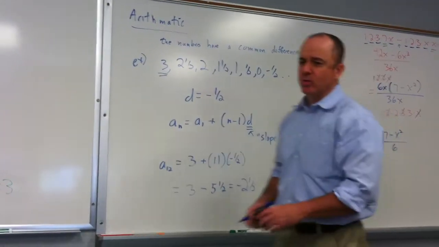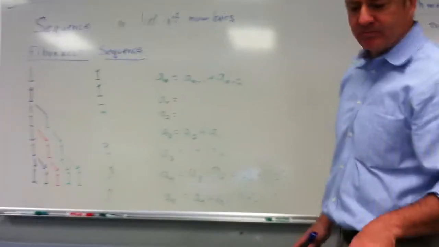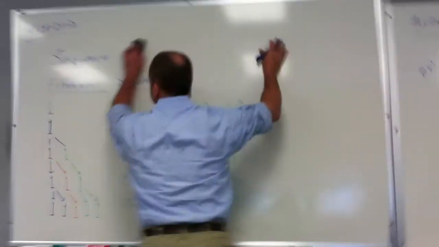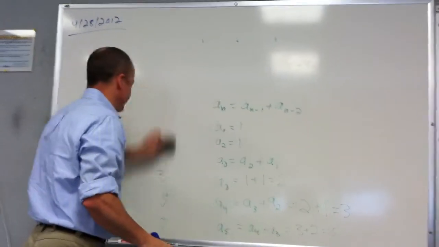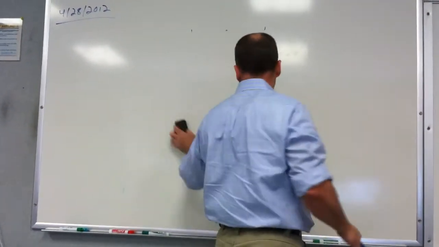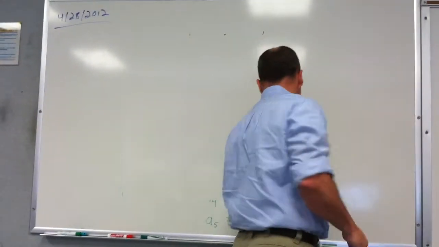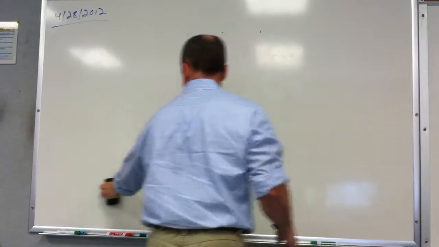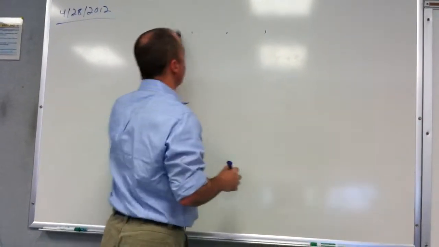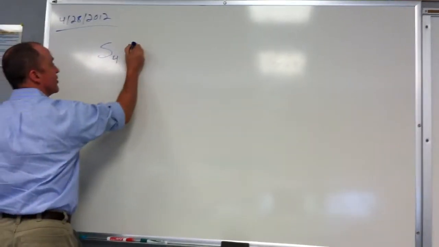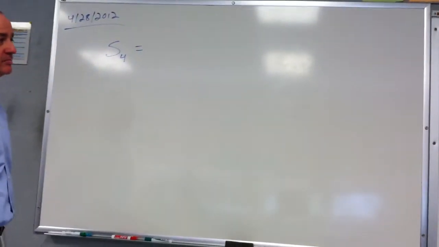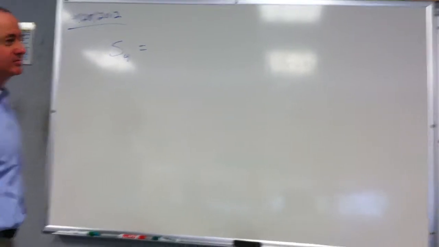Arithmetic sequences are pretty straightforward. How hard would it be for you to tell me the sum of the first 4 terms in that sequence? It wouldn't be that hard. So what is the sum of the first 4 terms? It's 10. Is it really?